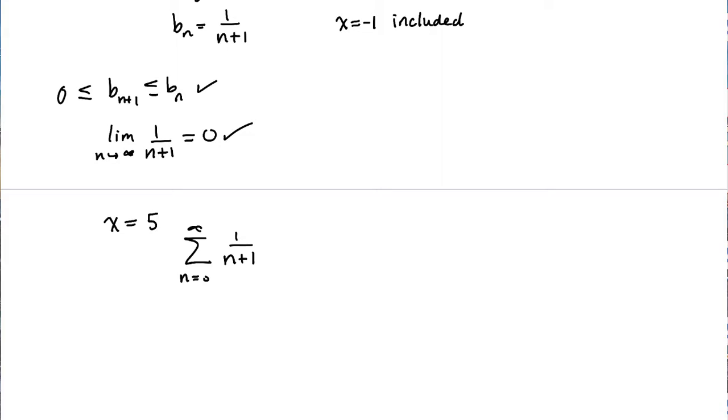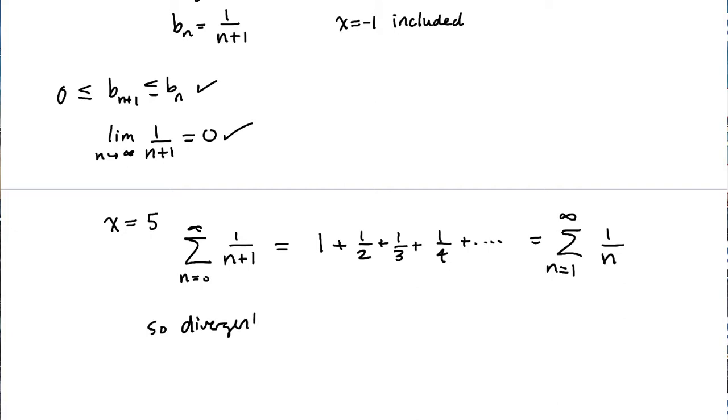But what is that? When I write out the terms, I get 1 plus 1/2 plus 1/3 plus 1/4. And do we recognize it? Well, this is equal to our good old-fashioned harmonic series. So our harmonic series was n equals 1 to infinity, 1 over n. So divergent. Now that we've seen the harmonic series so much, you guys can take it as a fact that we've proven that the harmonic series is divergent and just refer to that. Just let me know that you know that it's the harmonic series.